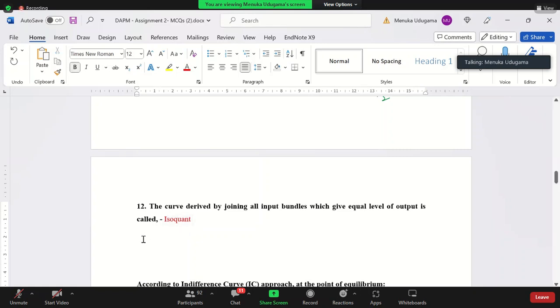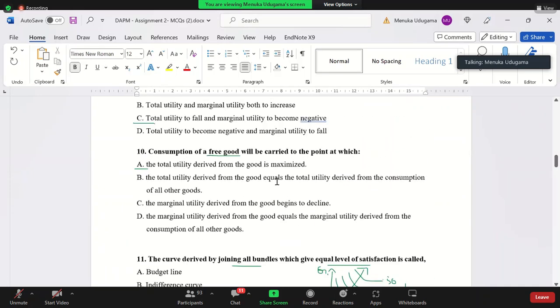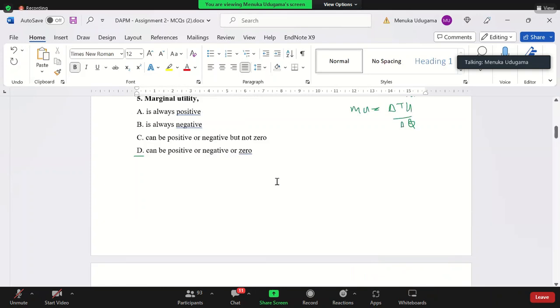And how would you calculate the marginal product? So how did you calculate the marginal utility?